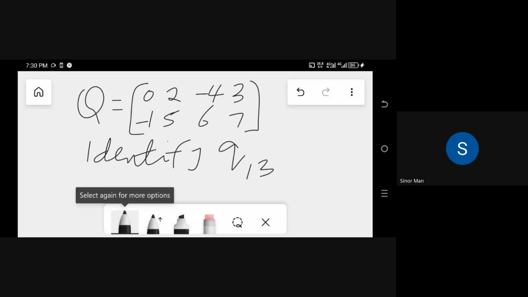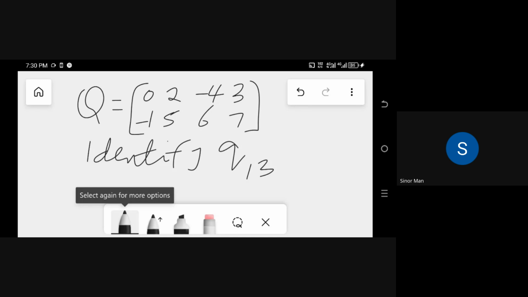Identify Q13. Remember, this matrix is a 2 by 4 matrix. There are two rows, as you can see horizontally. The horizontal ones are the rows, while the vertical ones are the columns. So here, this matrix is a 2 by 4 matrix.